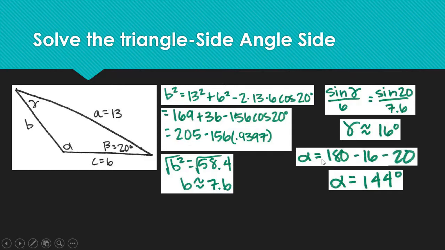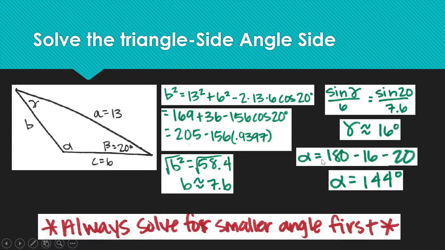So this brings us to a really important rule. When you find your first pair, always solve for the smaller angle first. Some of you are like, wait, why didn't we find alpha first up here? If we would have done that, we would have gotten this wrong. Your calculator only finds the acute version of the angle. So when we do this, it finds gamma is 16.